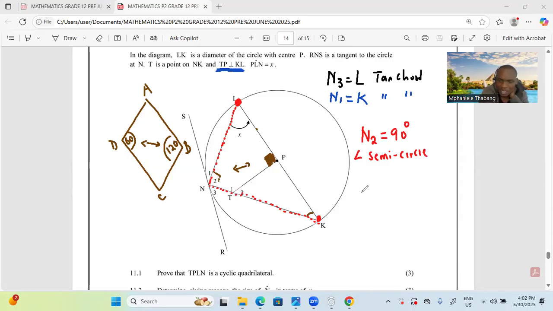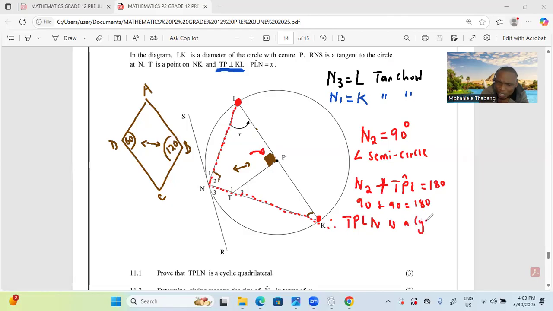Now, because we see that N2 plus this angle here, let me just call it TPL, N2 plus TPL, we see that it's 180, which is 90 plus 90, equals 180. So we can now say this quadrilateral TPLN, therefore TPLN is a cyclic quad.